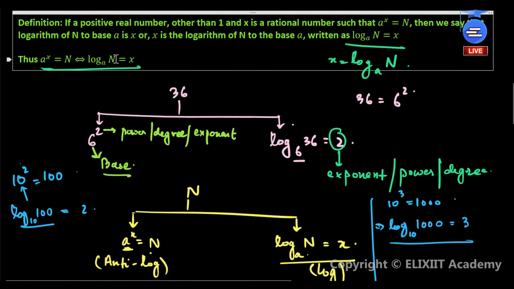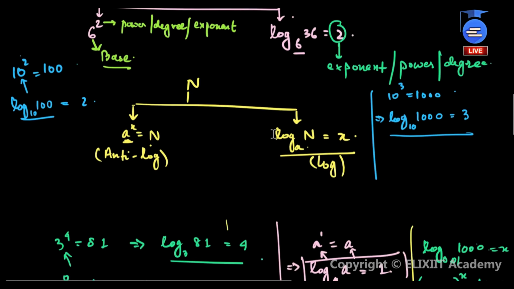Or in reverse also, log n base a is equal to x means a to the power x is equal to n. a is the base, x is the power, the exponent, n is the number, the argument of this log.